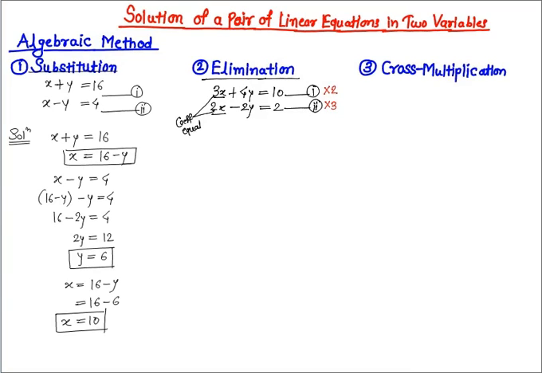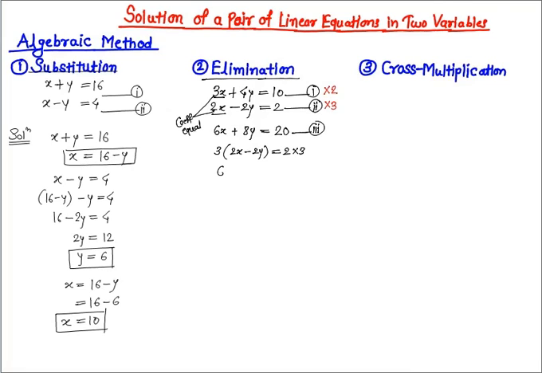So let's multiply the first equation by 2. What we'll get? 6x plus 8y equals 10 into 2, that is 20. And let's take this as the third equation. And let's multiply the second equation by 3. So what will we get? 3 into 2x minus 2y equals 2 into 3.